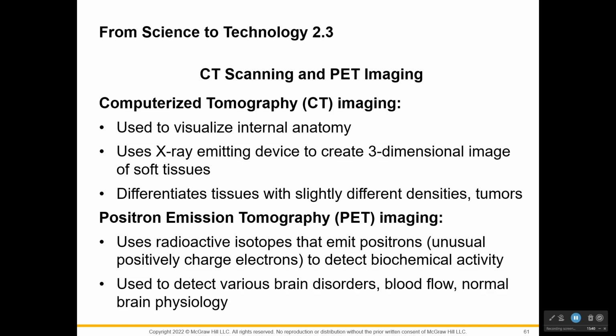And so this can help you look at different densities and see about tumors. And there's a positron emission tomography, which uses isotopes, we've heard of those, that emit positrons, which are weirdo electrons, don't worry about that, and that detects biochemical activity, so you can look at how the brain's functioning or blood flow.